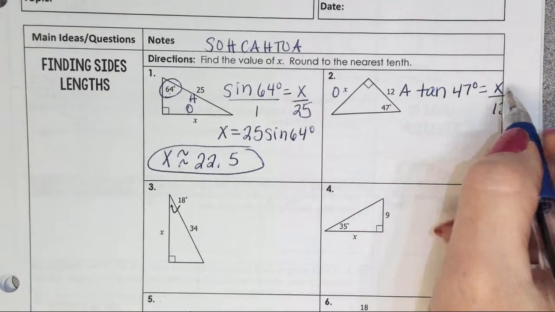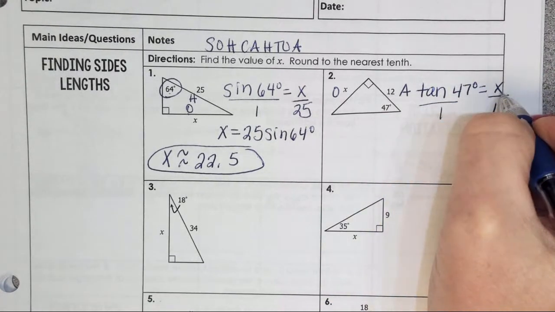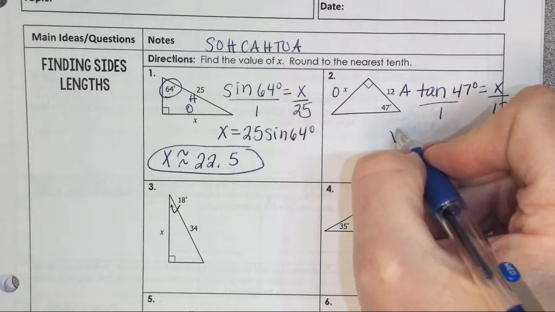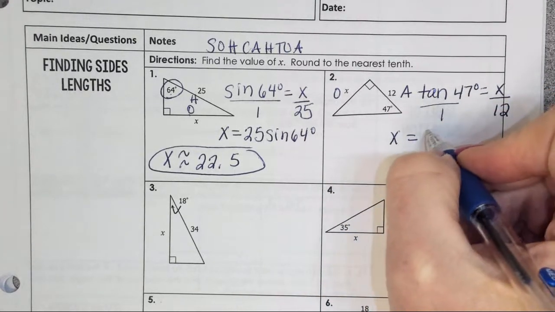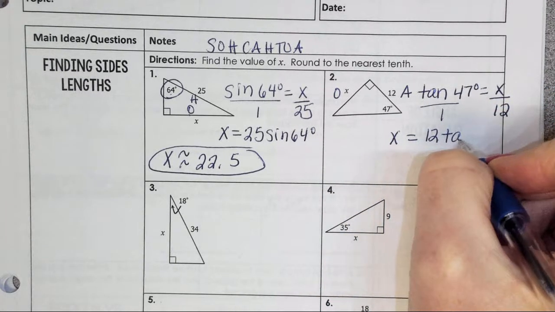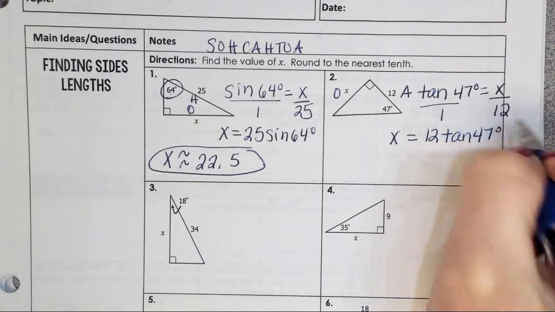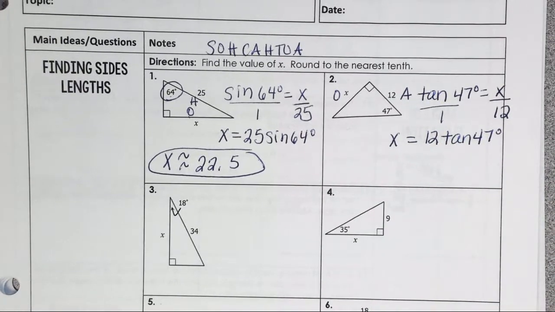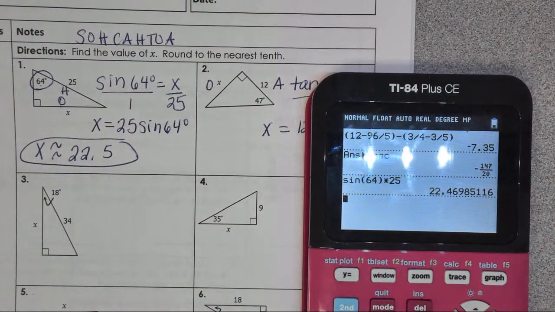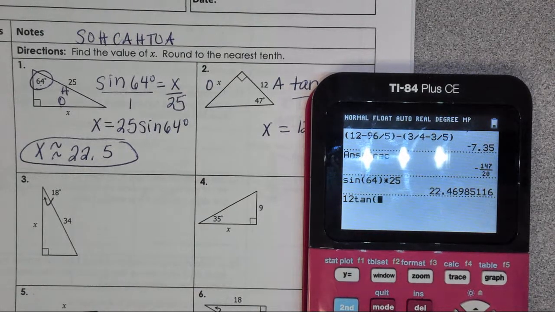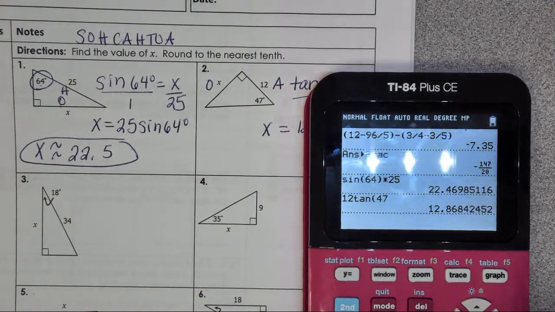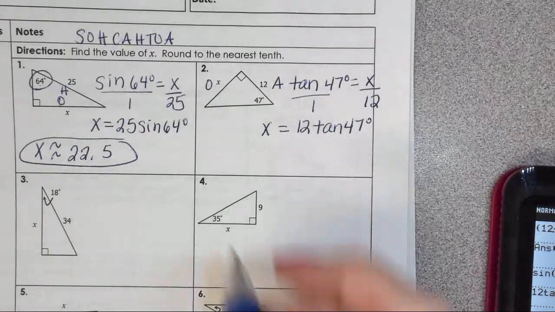So to solve for x, we're going to cross multiply. So x is going to be equal to 12 times the tangent of 47. So we're going to type that in. And we get 12.9.